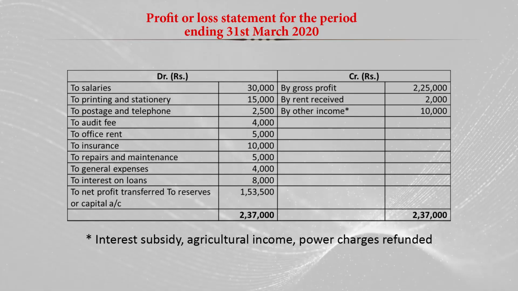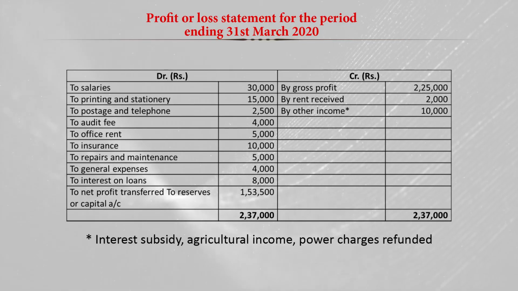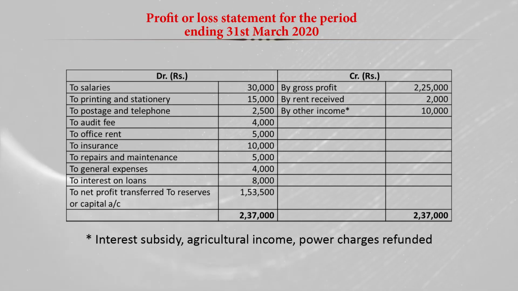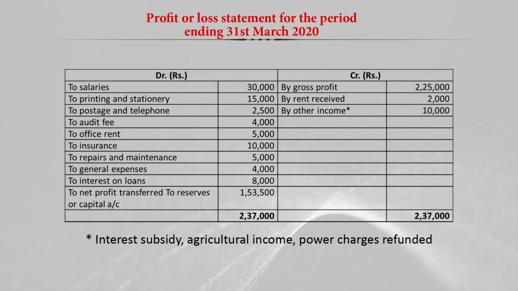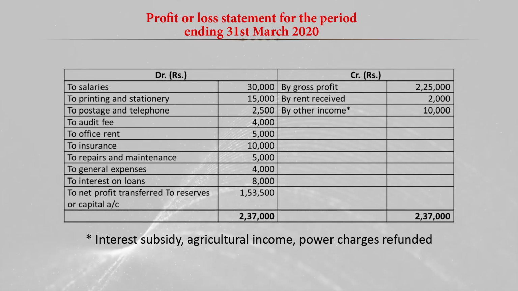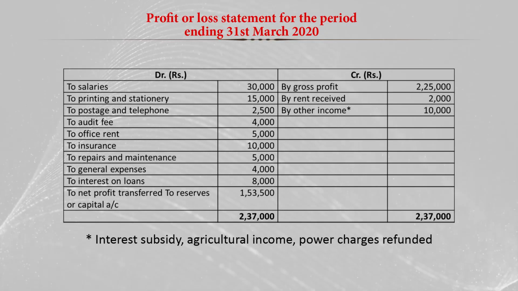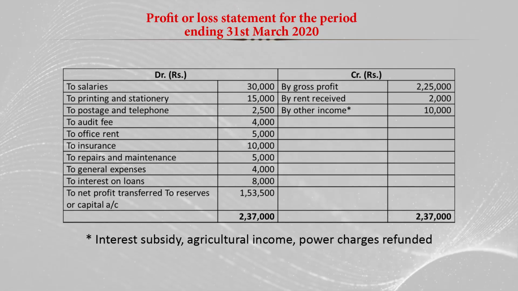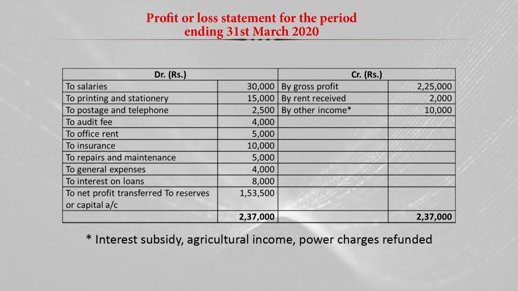So when we subtract all the costs from the gross revenue, that is 2,37,000, the net profit comes out to be 1,53,500, which we transfer to the reserve or capital account of the firm. So here we can say the profit or income of the firm is 1,53,500. So that is, we can say, a sound position.